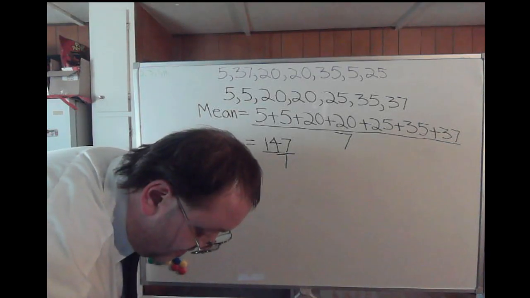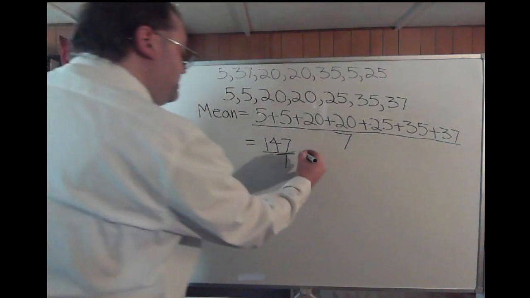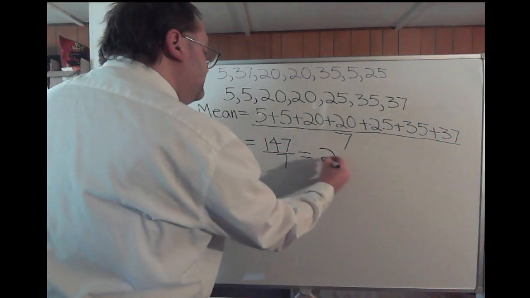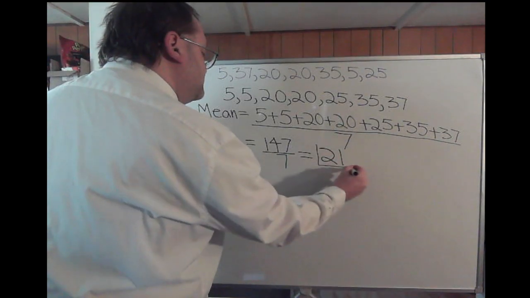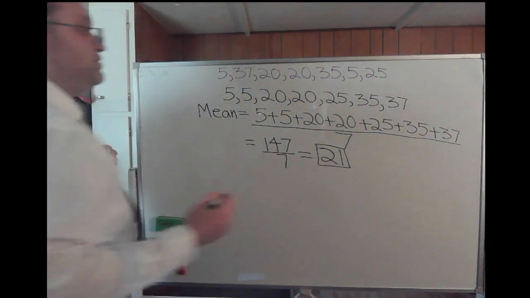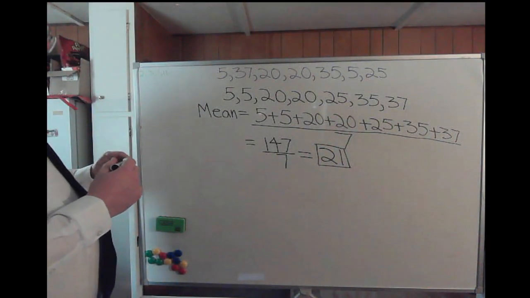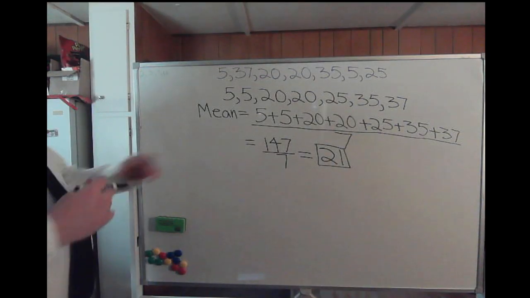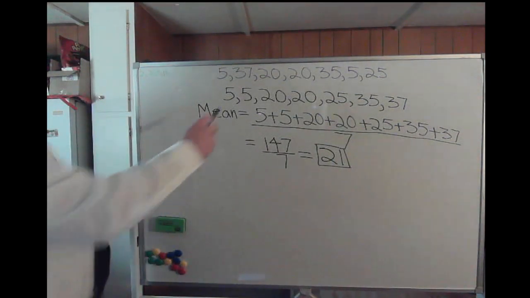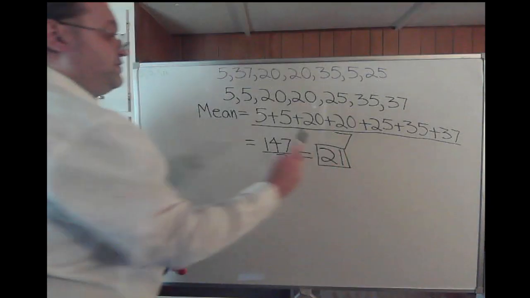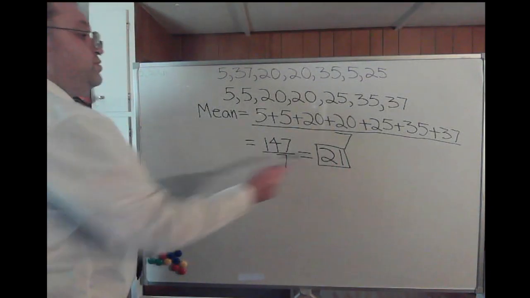So let's do that real quick. I get 21. So the mean, the average of this set of data is 21. We got the mean by adding up all these numbers and dividing by the number of numbers there are. The mean is 21 in this case.